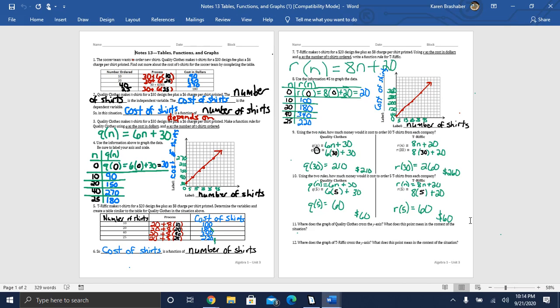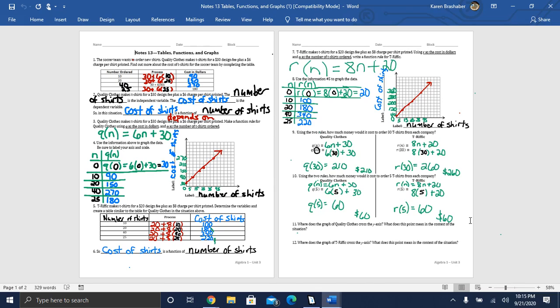And so that's what functions do. They help us to use rules to describe situations, and then by describing them, we can also use those rules to compare what's happening.